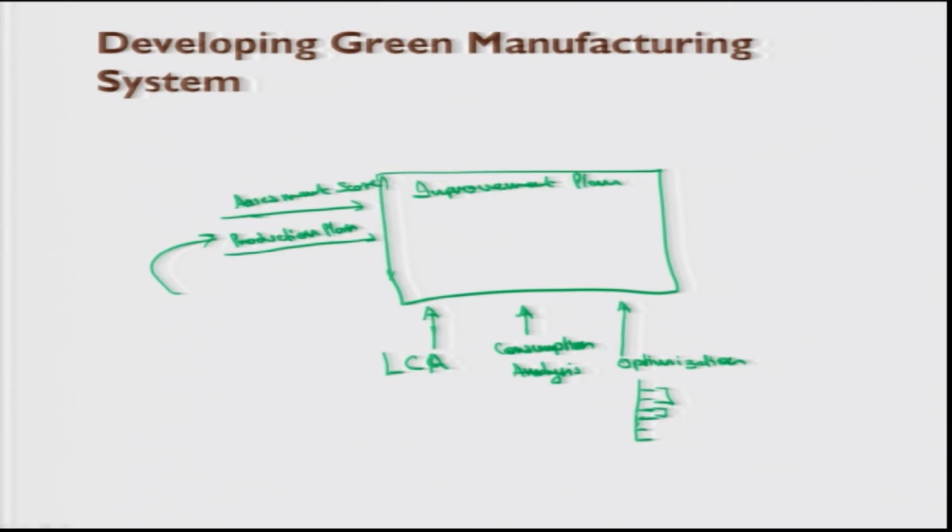This is optimization. Then what are the metrics we have here? The metrics may be time, cost, then eco impact.